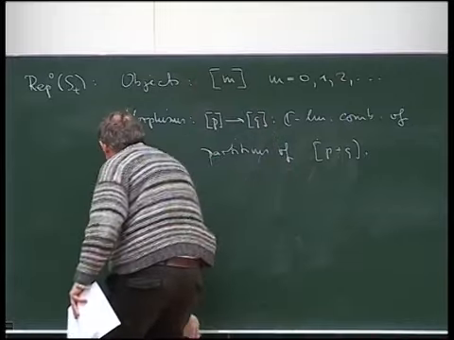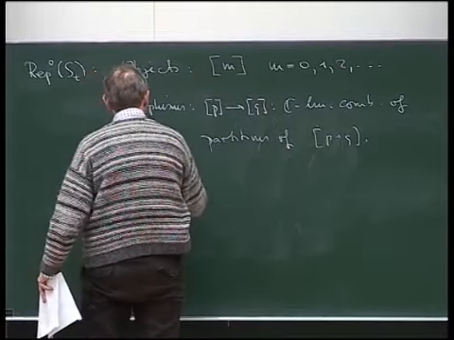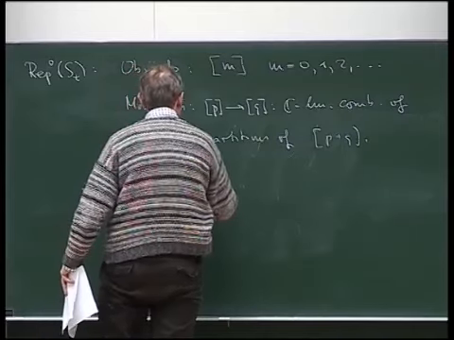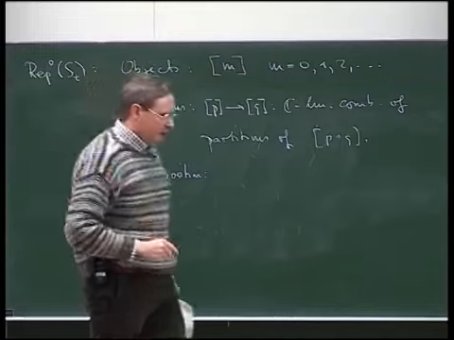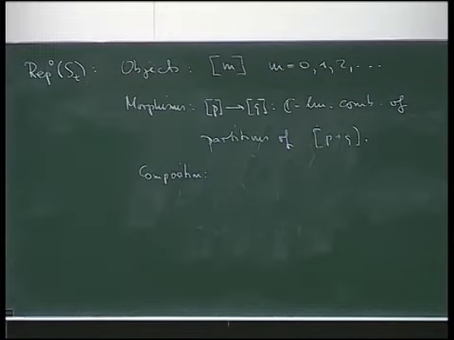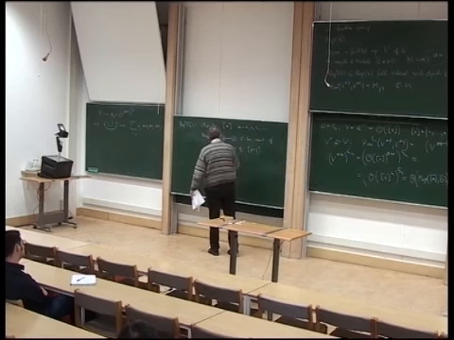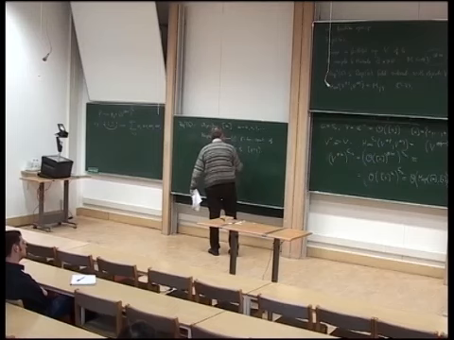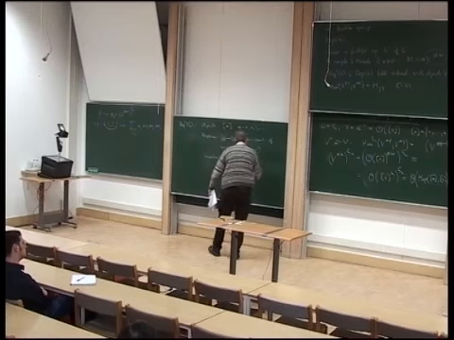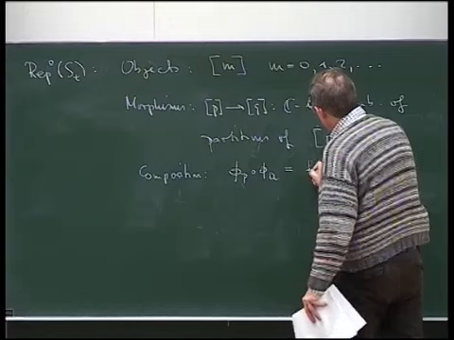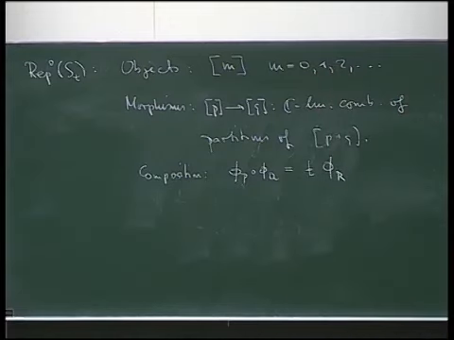And the composition is just as described over there. I'm not going to make this formal because I'm going to do that formal in a moment. But you just take, if you have phi_P and phi_Q, then you have this phi_R. And here, instead of n, you write always t, and here t to the L, and L is the number of loops which you get in this construction.